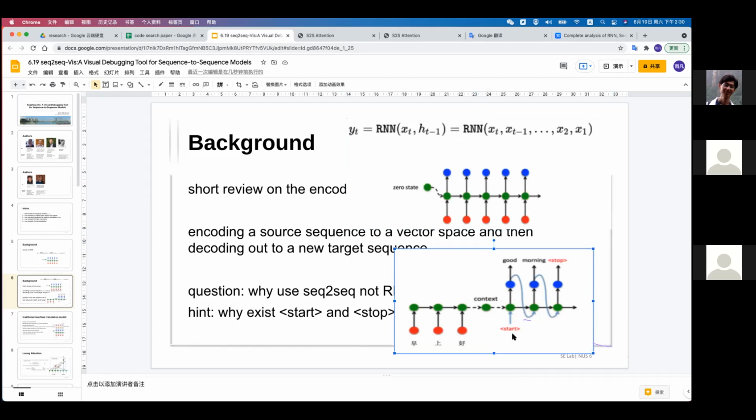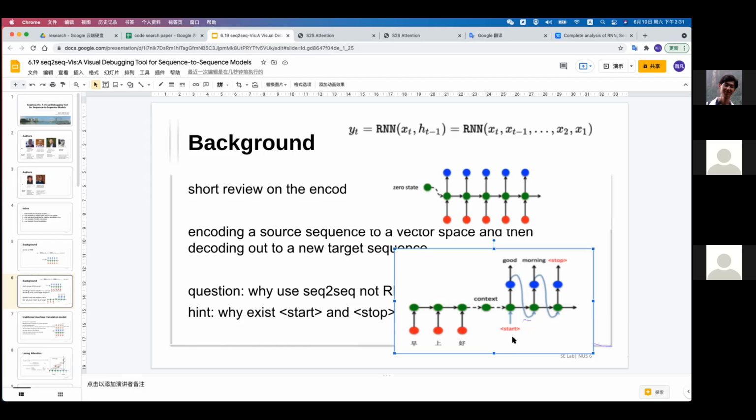Let me rephrase the question a little. Yufan is basically saying that there are applications that translate one sequence to another sequence, for example machine translation, or maybe stock price prediction.